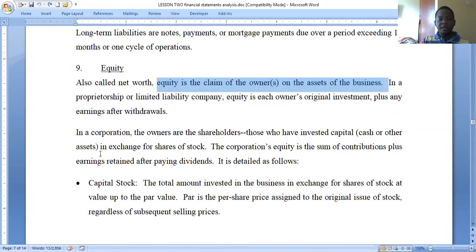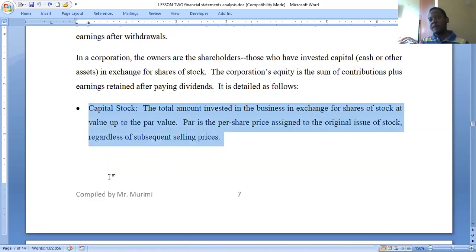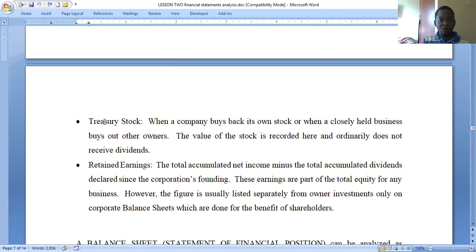So in equity, we have shareholders' capital, that is the company's shares, the share capital, also known as the capital stock. We also have the treasury stock. Treasury stock results when a company buys back its own stock or shares.